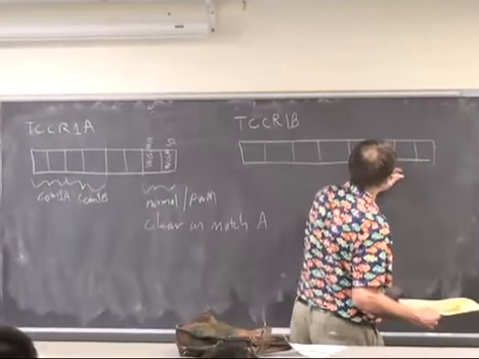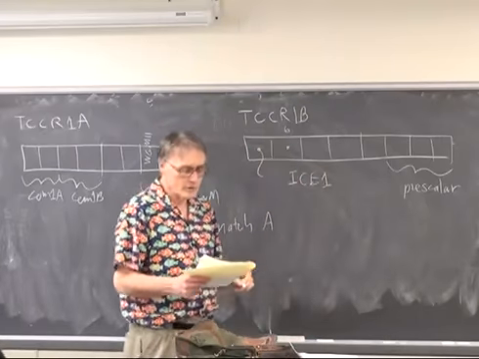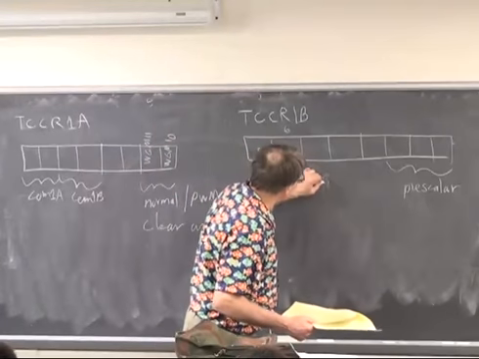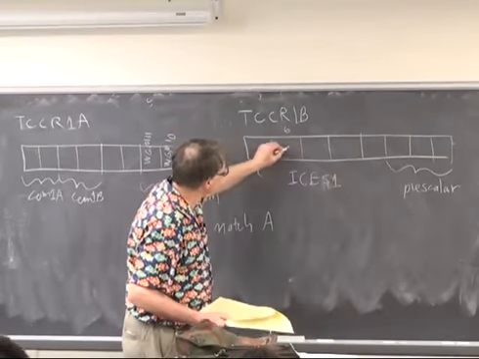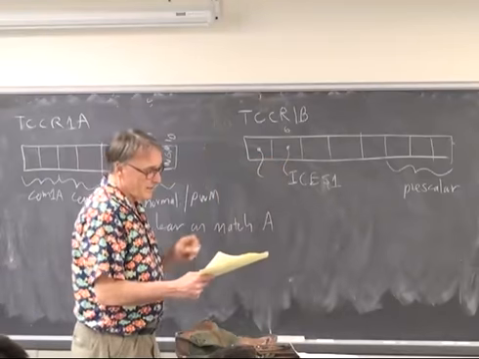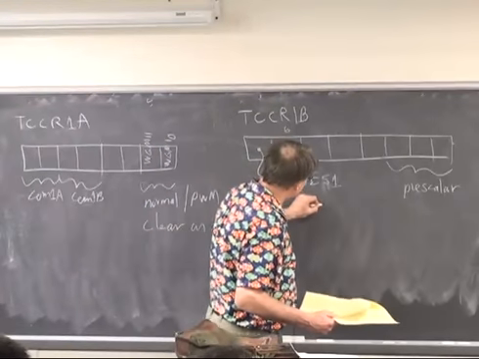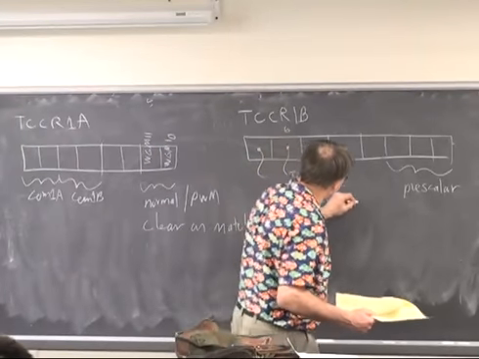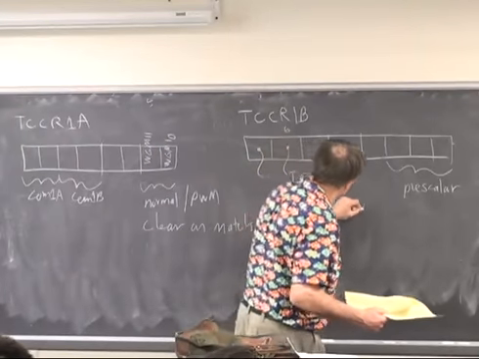Then this bit, let's say this bit first, which would be bit 6, sets the input capture. It's the ICES1, the input capture edge select for channel 1. And if it's set to 1, it's rising. And if it's 0, it's falling.